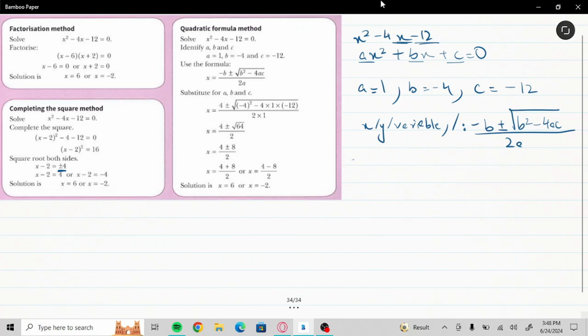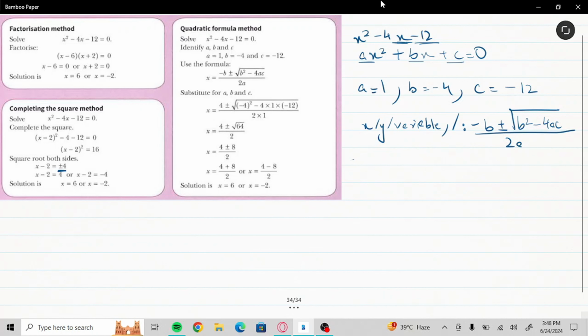Now, you may say it's a complicated formula, why should we learn it? It makes life easy, so learn it. You just have to learn this: minus b plus minus the square root of b squared minus 4ac divided by 2a. Learn it by heart. It's going to make your life easy.